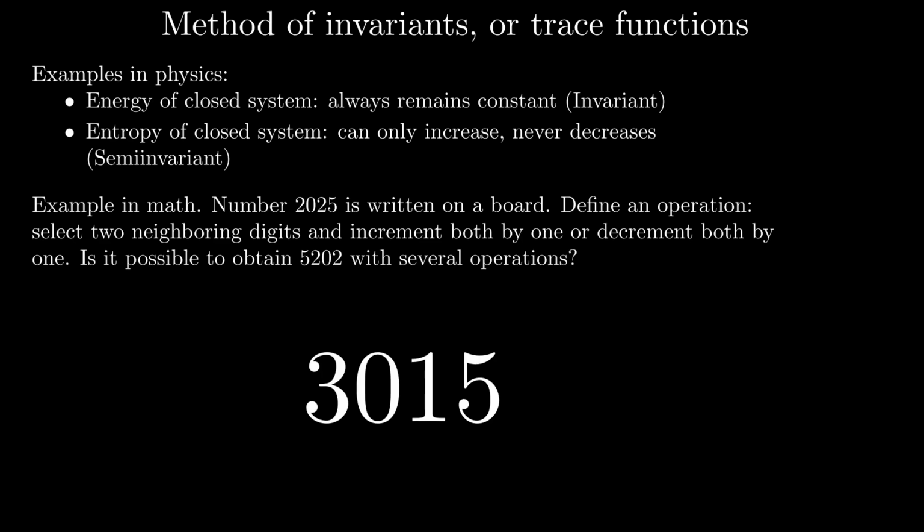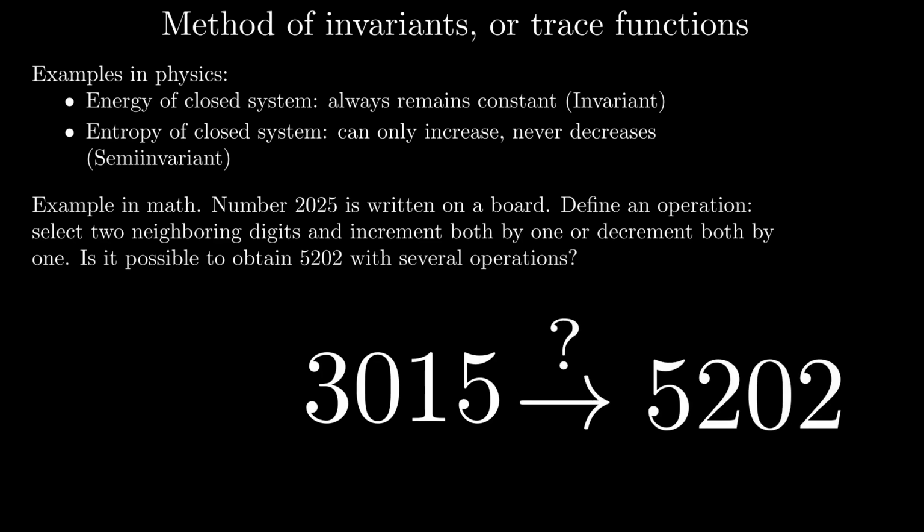Is it possible to obtain the reversed number 5202 by these operations? You see that there is a wide diversity of numbers which can be obtained, but 5202 is not among them. After many unsuccessful attempts, you may suspect it is impossible. But how to prove it?